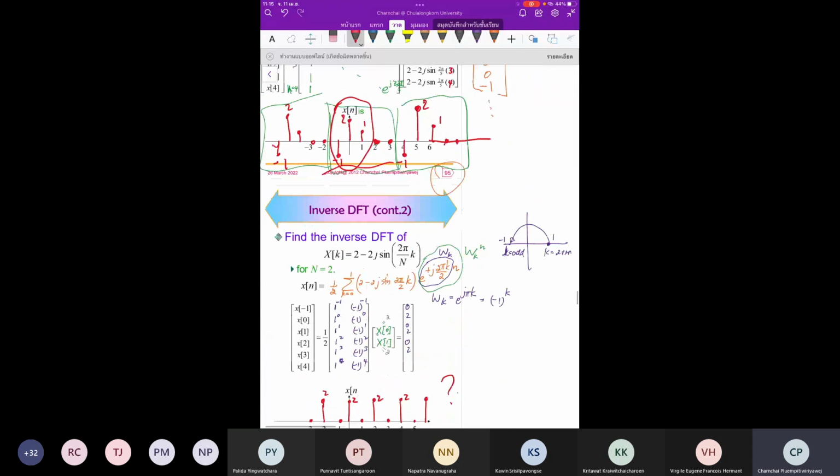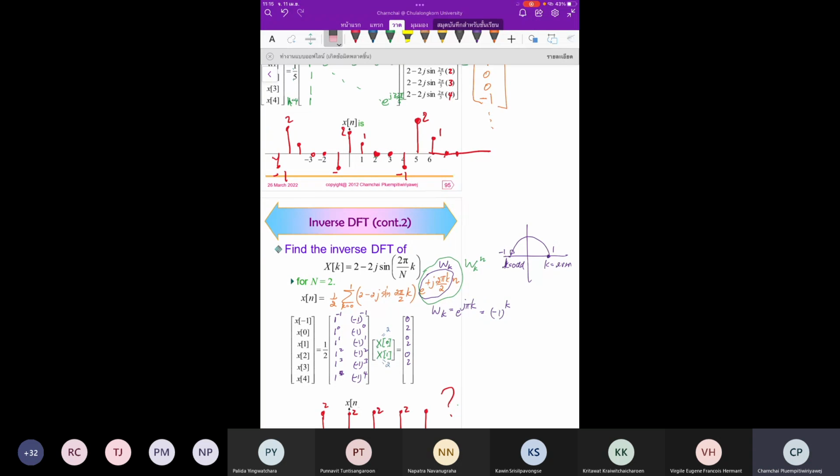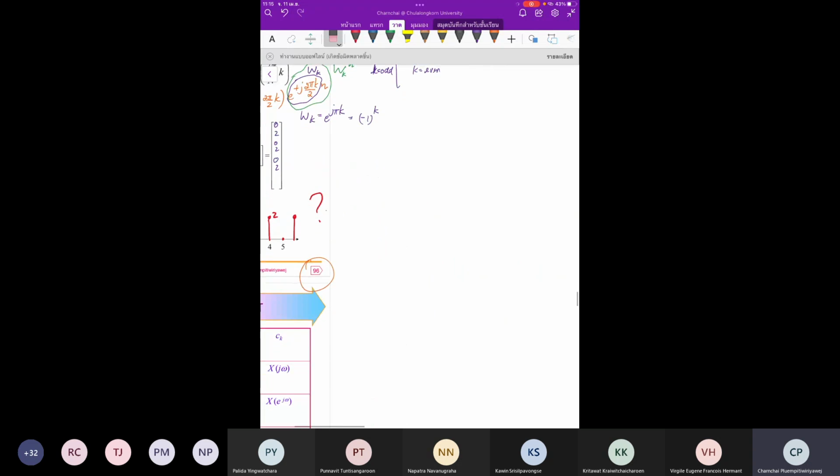It actually came from here. If you notice, you have to be very observant to notice this. Originally, we have the signal, this is x[n], right?